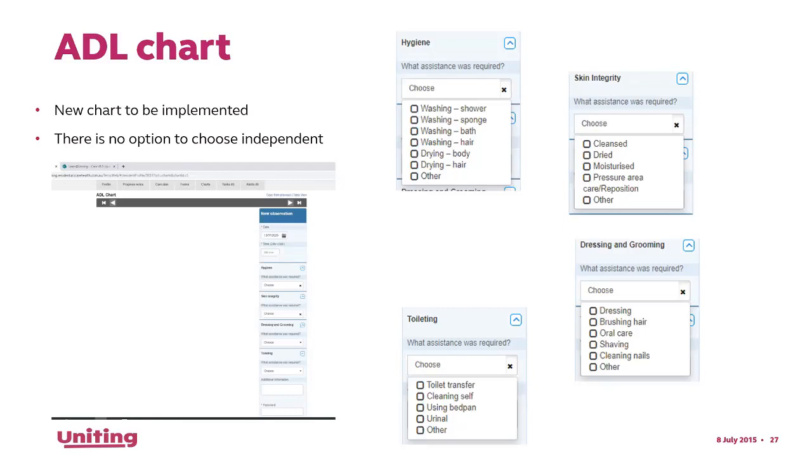That choice is now gone. So Uniting have decided that the activities of daily living chart will be quite beneficial. It is good to help reinforce ACFI claims and ACFI evidence.